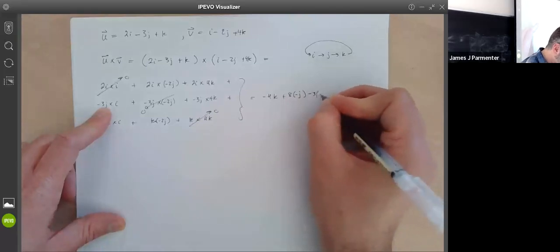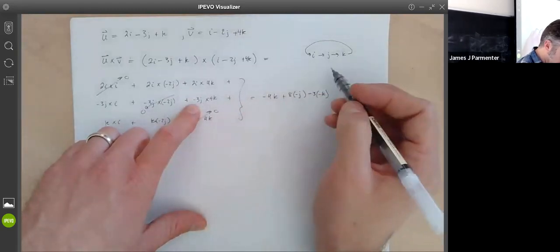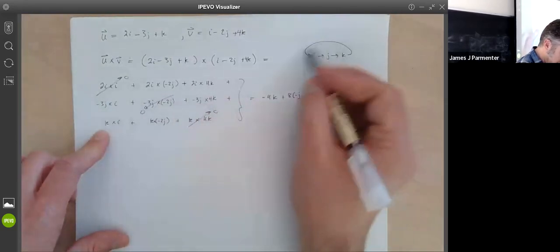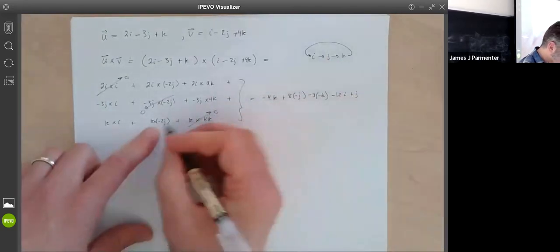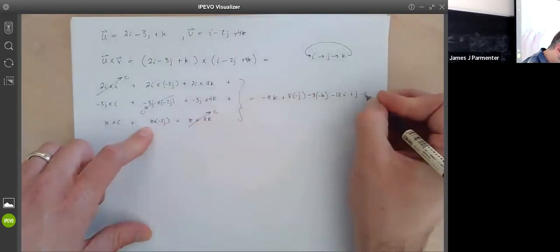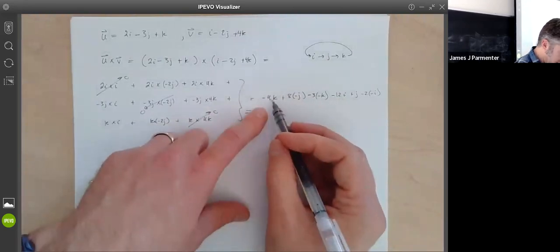So I get -3 times negative k. And then j cross k is going to give me i. So it's going to be a -12i. And then k cross i gives me j. And then k cross j gives me negative i. So I get a -2 times negative i.